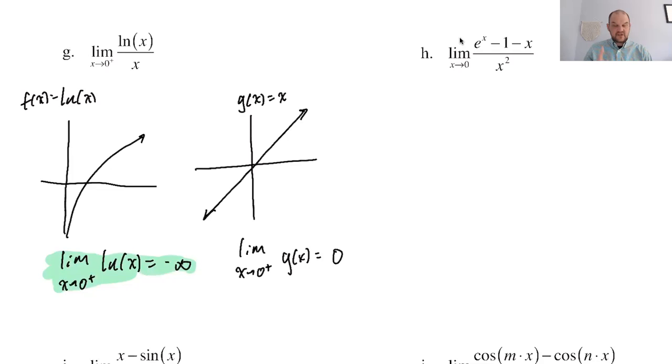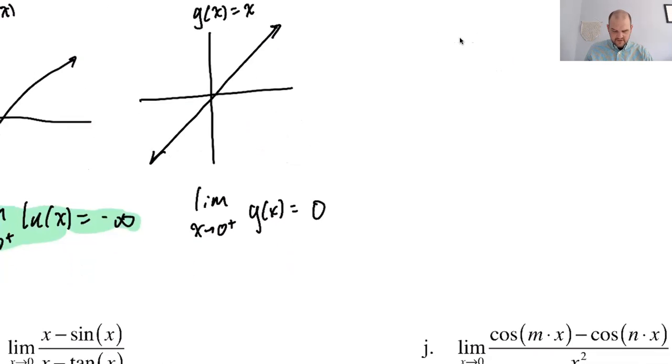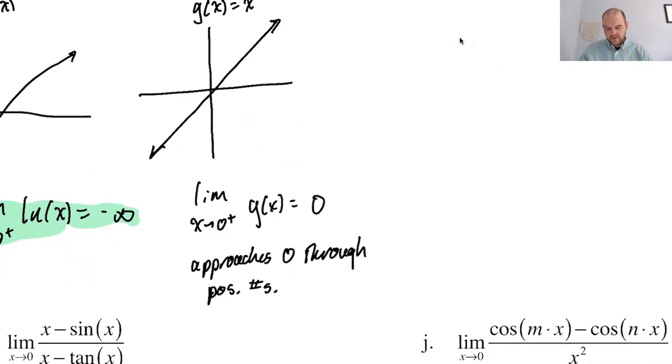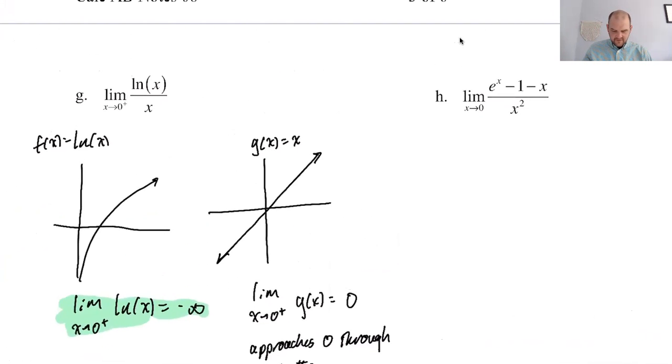Now the denominator is going to 0, but it's going to 0 through tiny little positive numbers, because we're approaching 0 from the right. So 0.1, 0.01, 0.001, and whatever. So we're doing negative infinity divided by an infinitely small positive number, basically. The reciprocal of an infinitely small number is an infinitely large number.